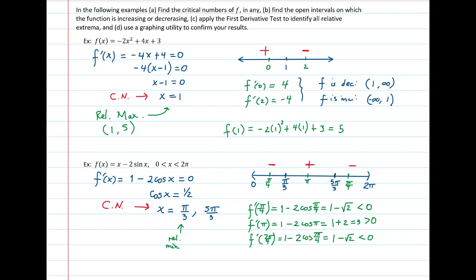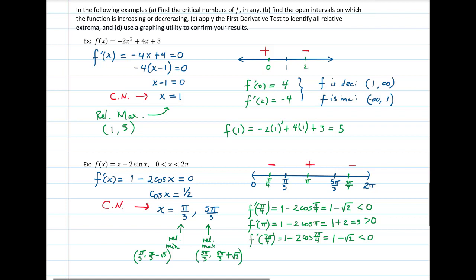When you see the signs, when the function is going from decreasing to increasing, you have a relative min there. So pi thirds will be a relative min, and 5 pi thirds will be a relative max, since the function is increasing on the left of 5 pi thirds and then decreasing on the right of 5 pi thirds. It's all about the change that happens from the left to the right of that critical number.